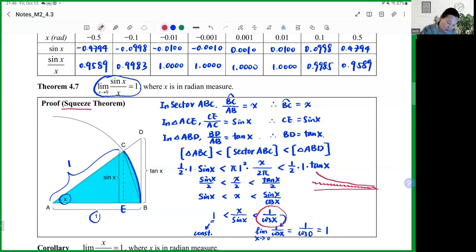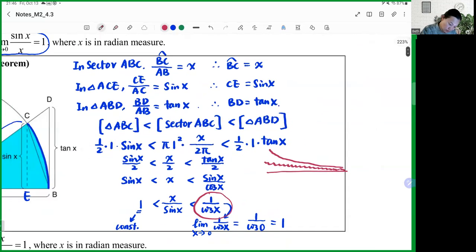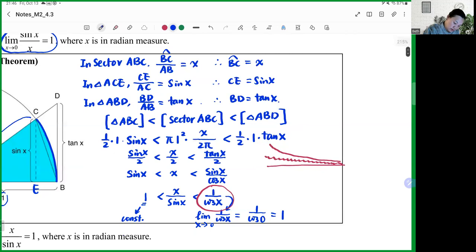Okay, so in this conclusion, we will say that as x tends to 0, the limit of x divided by sine x equals 1, and the other way is also correct.